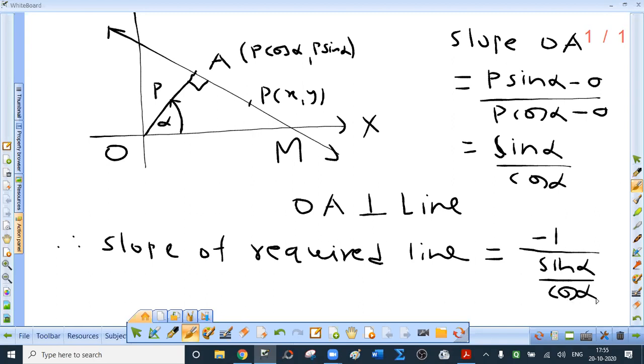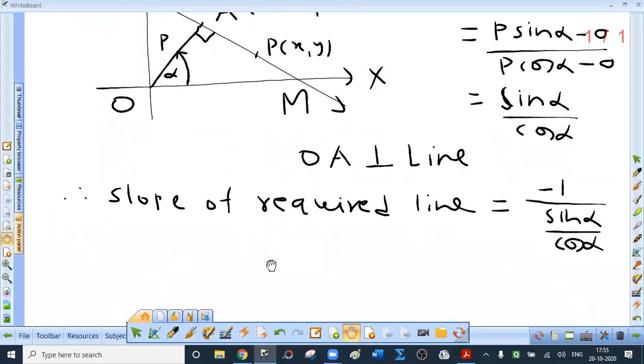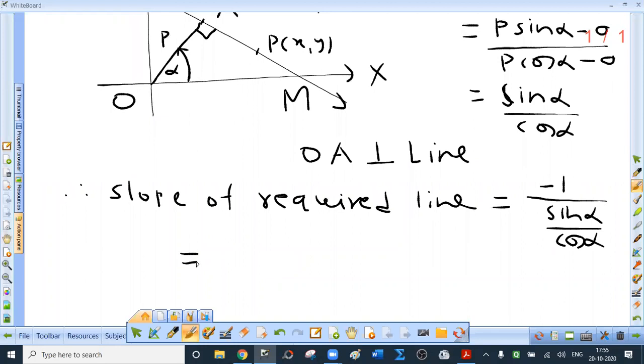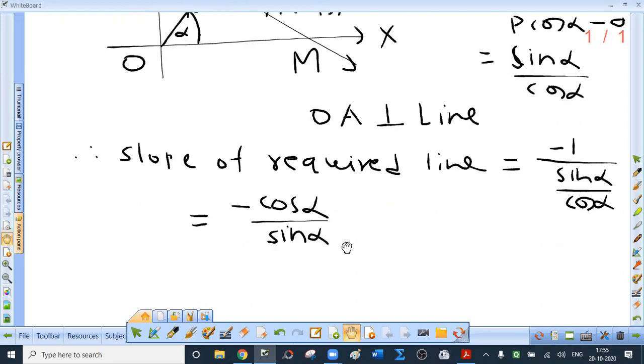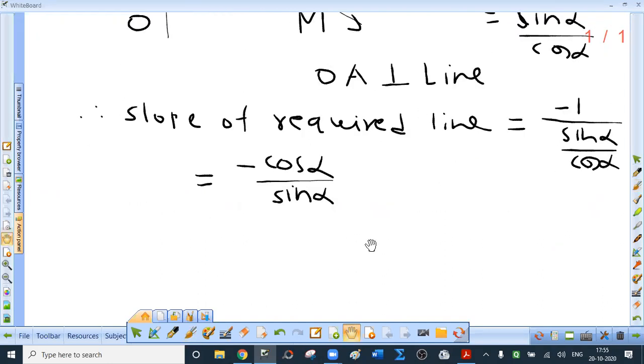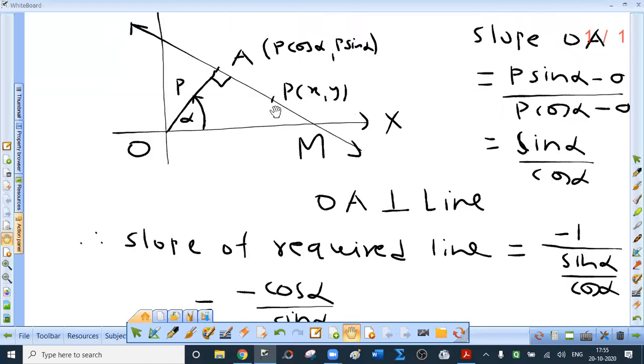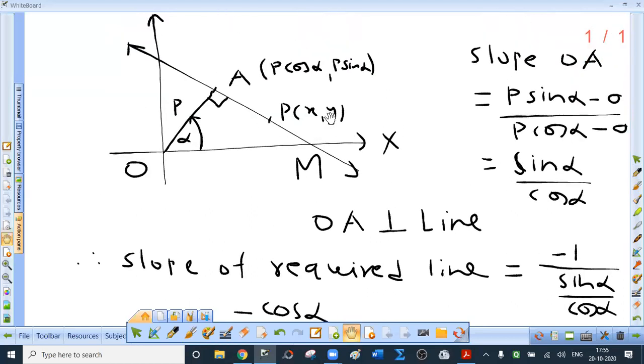Why? Because product of slopes of two perpendicular lines is -1, and therefore what is the slope of required line? It is minus cos alpha upon sin alpha. I hope you understood this. Otherwise, I'll explain this part once again. Now, slope of the line is known, but A and P lie on the line. So what is the slope?